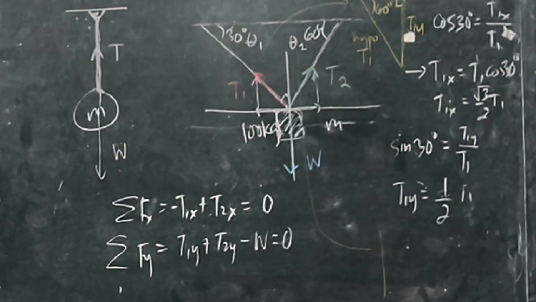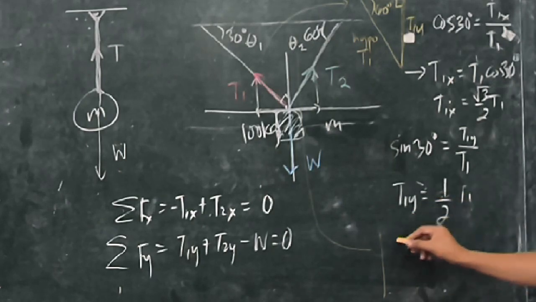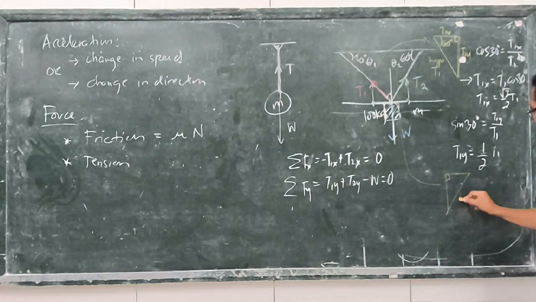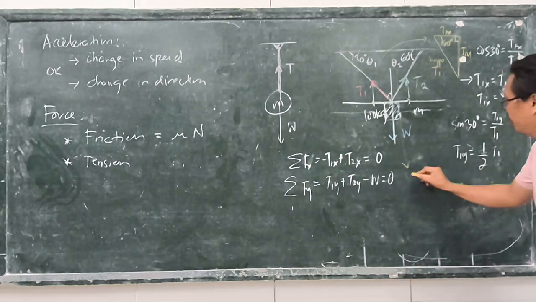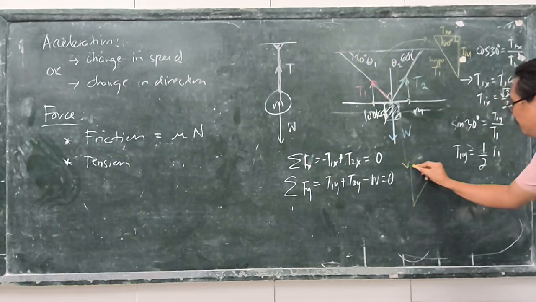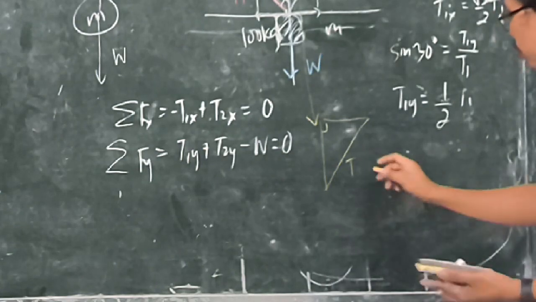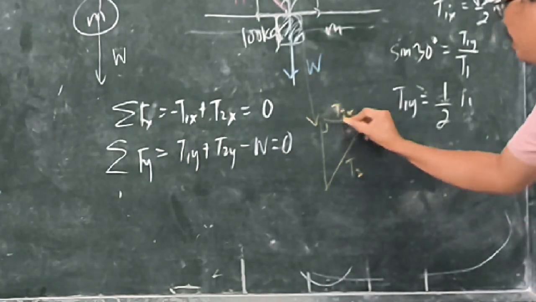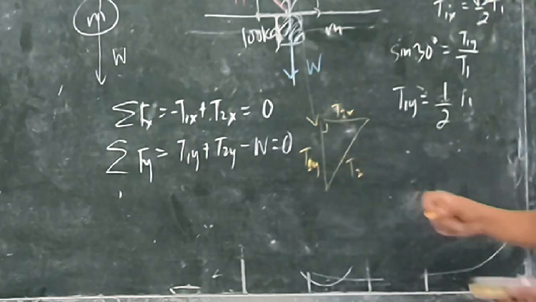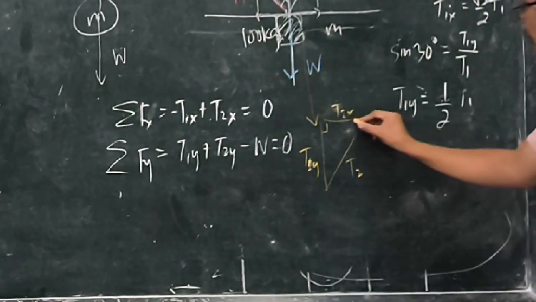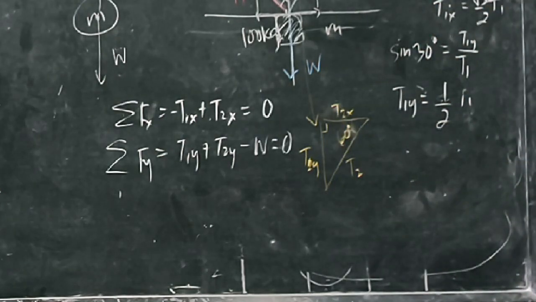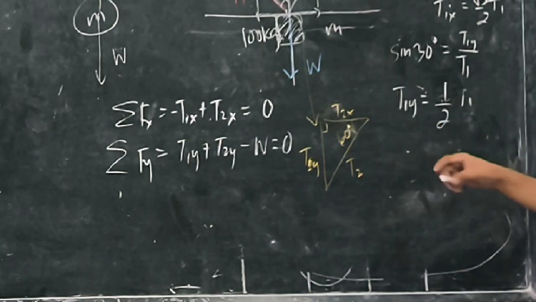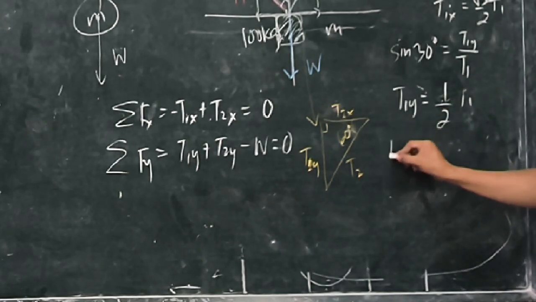Now, this triangle here, this is T2, and this is T2x, and that is T2y. So here is the 60 degrees. Now, similarly, if we do this one, we would know that, I will leave this to you next time, at least we did it.